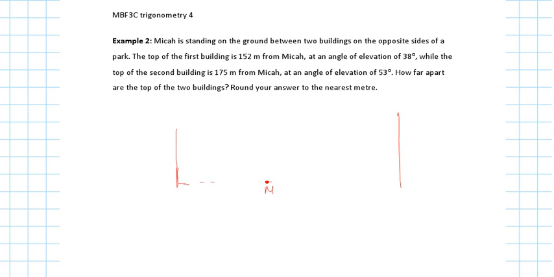Then the angle of elevation for the first one, the smaller one. Looking up at it, that's 152, because that's the top of the building. And the angle is 38. The angle of elevation means when he's looking up, so it's this one. And then you have the second one over on that side, which is 175 meters.